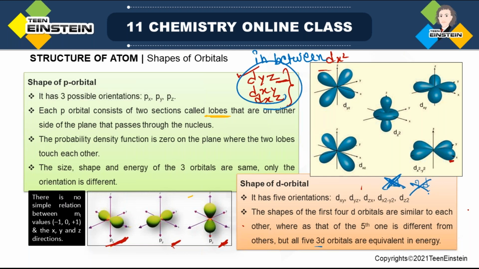Suppose you consider 2d: here principal quantum number is 2 and for d, L value is 2. But when n is 2, L cannot be 2; it has to be at most n minus 1. So 2d cannot exist. The first d orbital is always 3d, because for 3d, n is 3 and L is 2, lesser than n, which is possible. Then 4d, 5d is fine, but 2d is not possible.